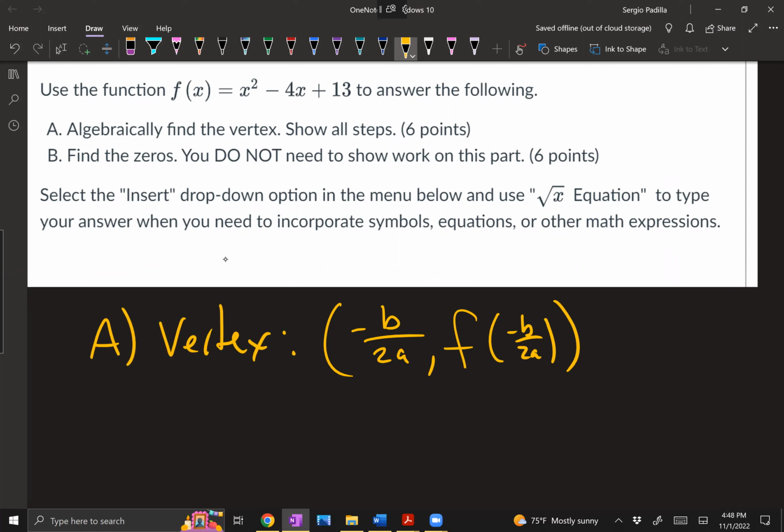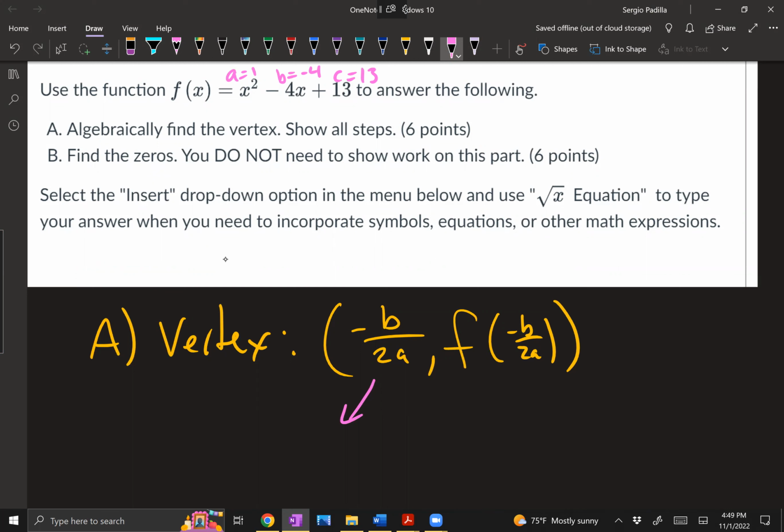So I'm going to start off by finding the x value here. My a is equal to 1, b is equal to -4, and c is equal to 13. That's going to come in handy later when I need to use the quadratic formula.